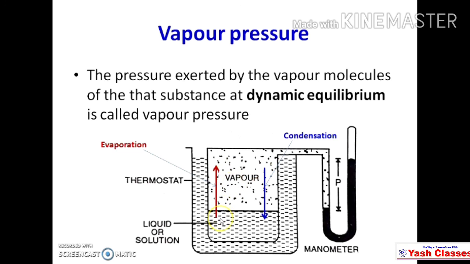And at dynamic equilibrium, the concentration of vapor molecules is fixed. It means as the number of molecules entering the vapor phase is the same as the number of molecules returning back from vapor to liquid state, the concentration of vapor molecules at dynamic equilibrium is constant. So at dynamic equilibrium, the pressure exerted by vapor molecules on the surface of the liquid is called vapor pressure.